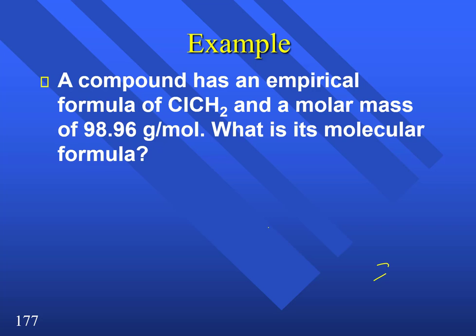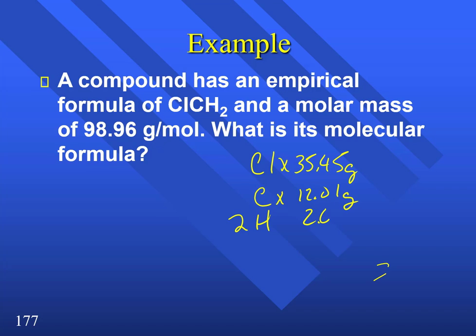Well, I've got a Cl, a C, and 2 H's. The Cl is 35.45 grams. The C is 12.01 grams. And the 2H is going to be 2.02 grams.